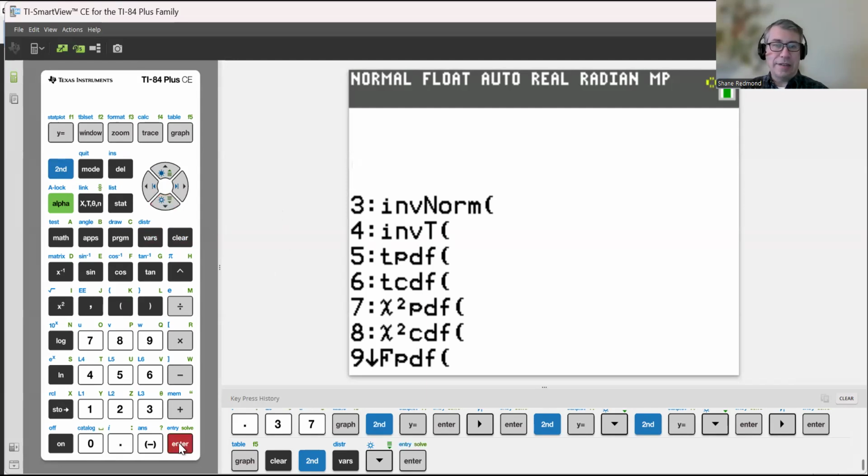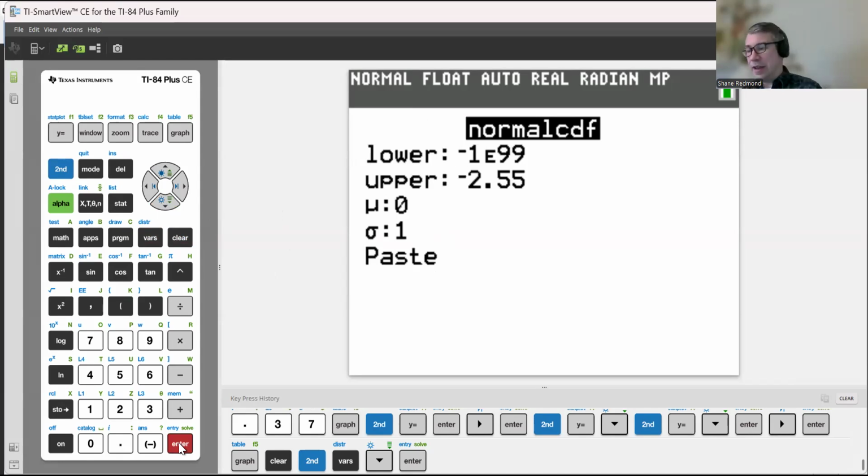And as I hit enter here on my model calculator, it gives me a few options here. So whether you have the newer model of calculator or an older model of calculator that doesn't have this middle screen, you always want to put in the lower edge of your region. As we graphed that picture and we looked at the shaded region, the lower or left edge of that region was 40. So I'm going to type in 40.